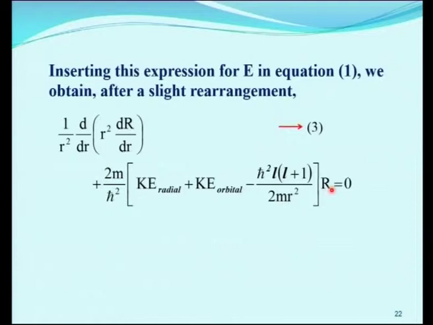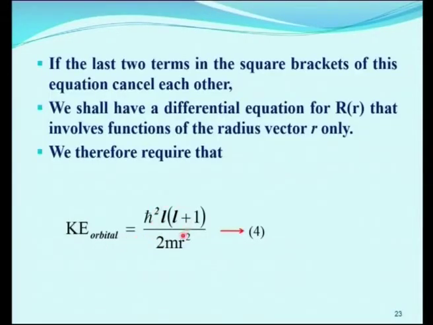That means these two terms are lost. If these two terms are considered equal to 0, so that kinetic energy orbital minus ħ²L(L+1) divided by 2mr² equals 0, then we can equate these two. That is, kinetic energy orbital is equal to ħ² L(L+1) divided by 2mr².